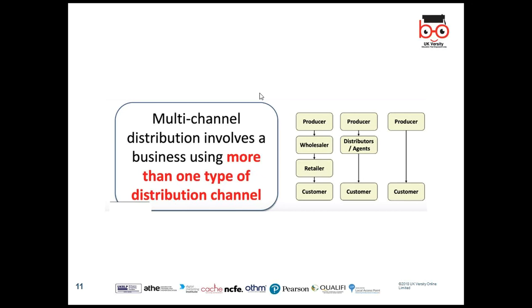So producer, wholesaler, retailer, and customer. And then we are selling producer, distributor, agent to customer, because we are selling online, and we are selling in our local stores as well. So we need to make sure we do not create a conflict of interest, because sometimes double promotion or heavy promotions can happen.